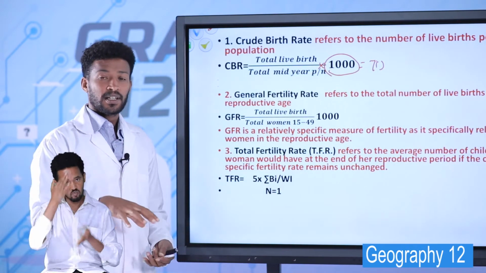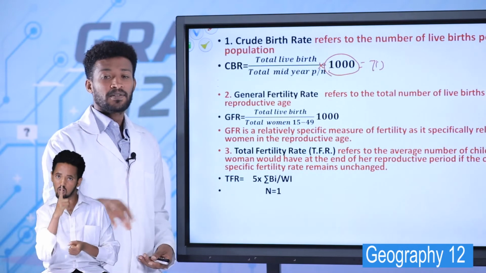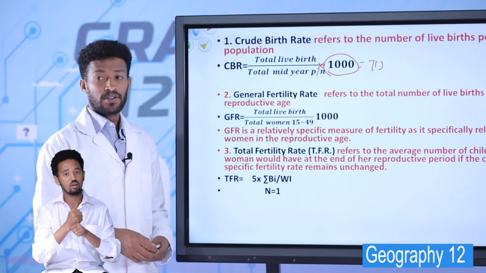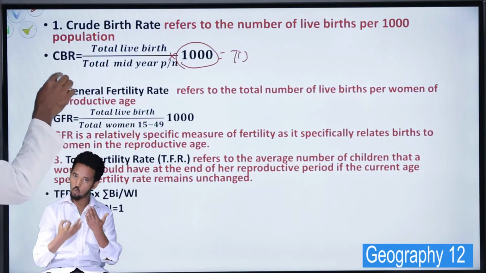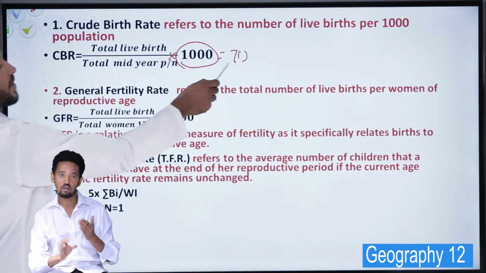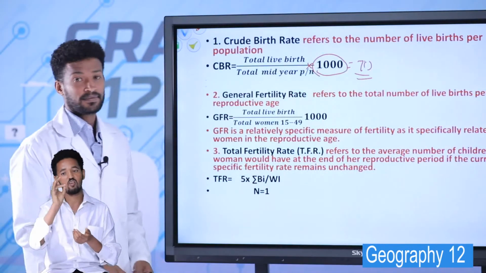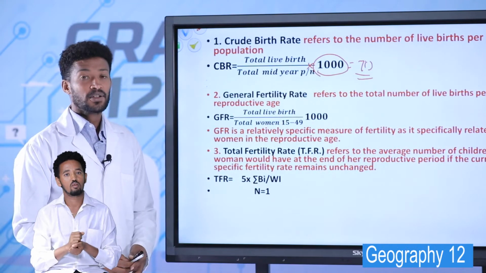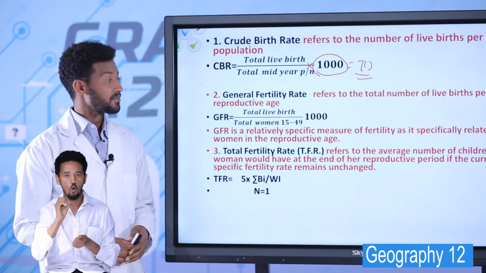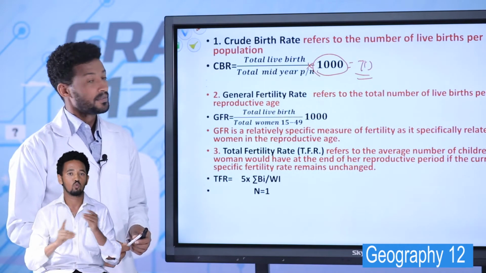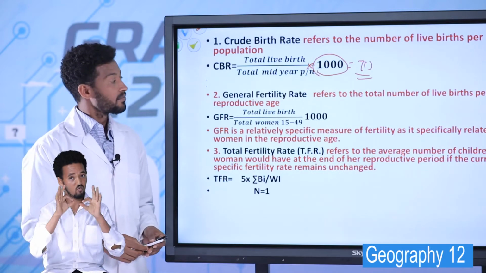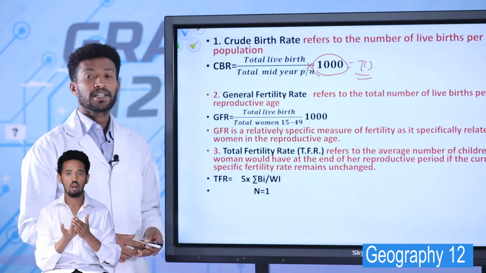If you take a sample of 1000 people from a given area and in a certain time, and calculate the crude birth rate of that population, the number of births is going to be 70. In short, 70 births occurred during that time. The second formula is the general fertility rate.